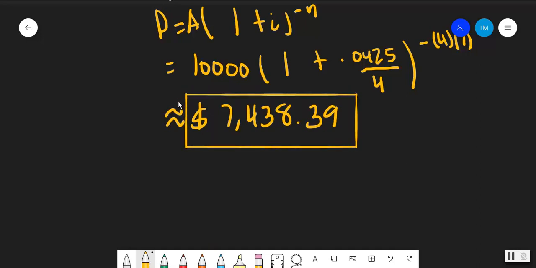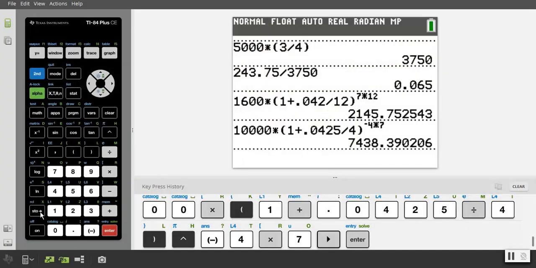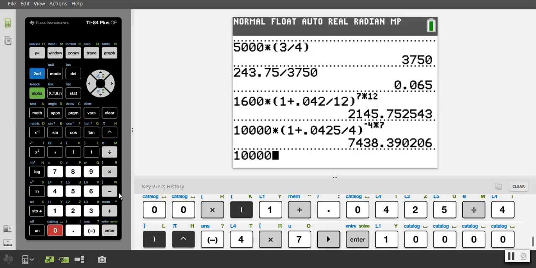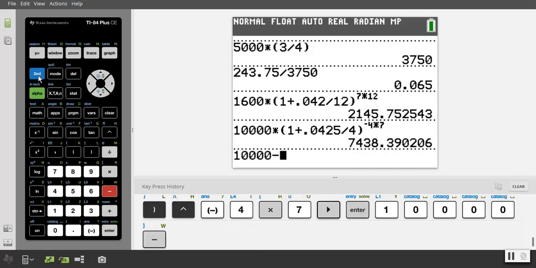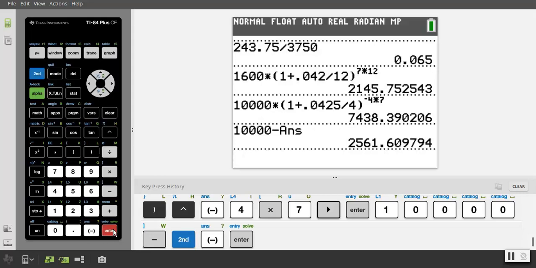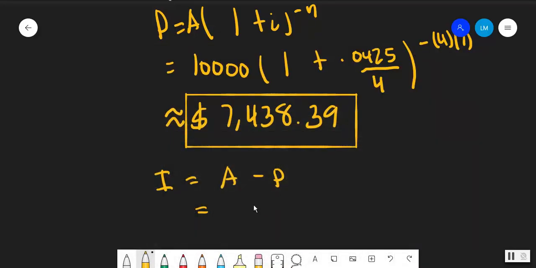But if you wanted to know the interest that was earned, all that you would need to do is you again take the accumulated minus the principal, which in this case, if you take 10,000, because you know that that's how much was earned or paid back, and you just subtract the principal, that's going to be 2,561 and 61 cents.